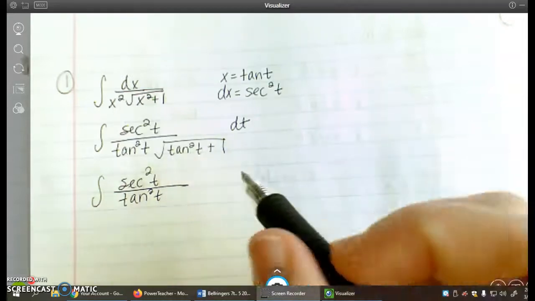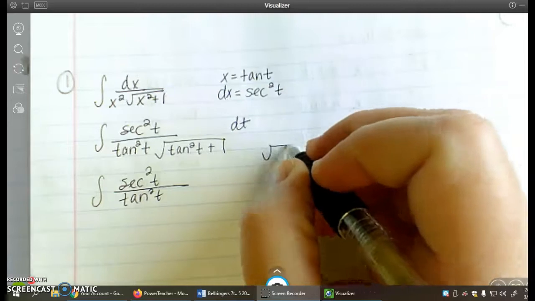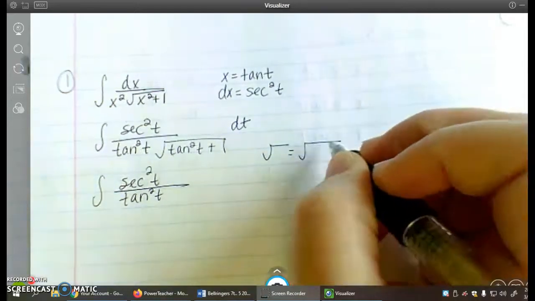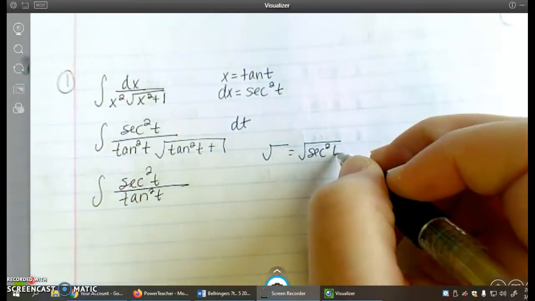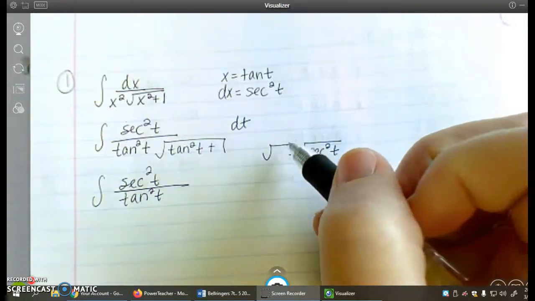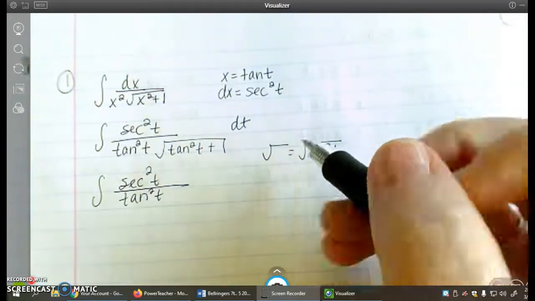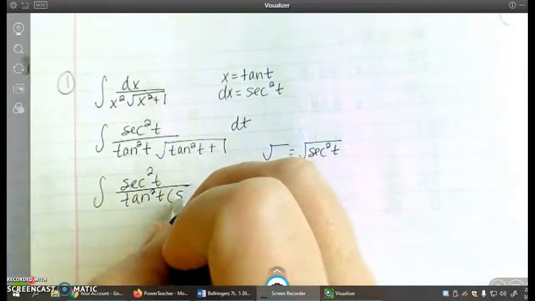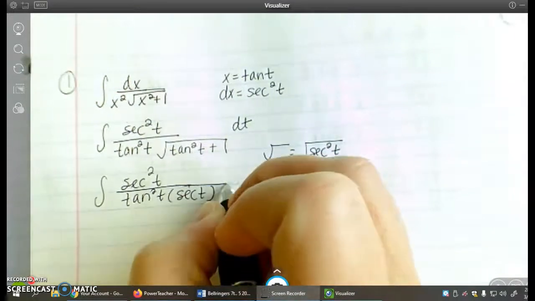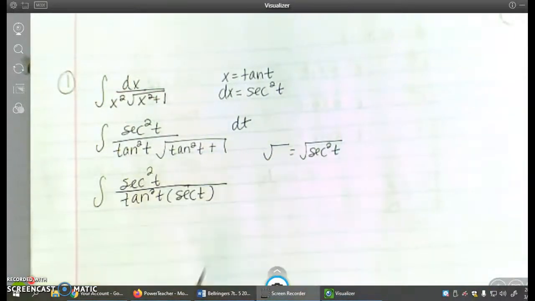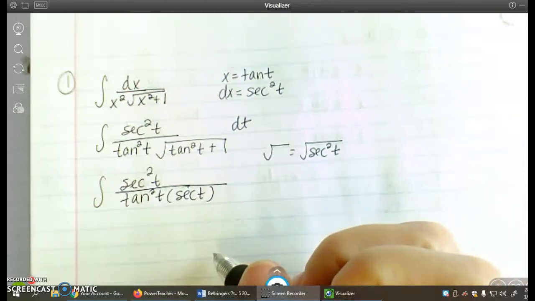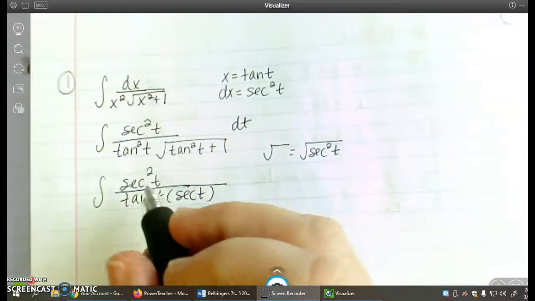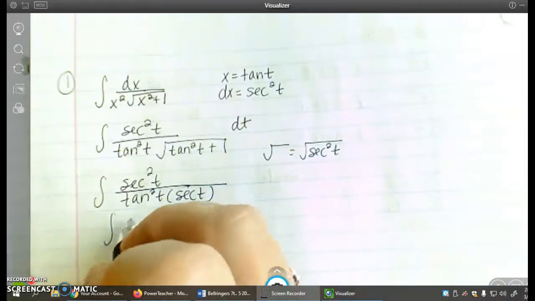So the square root equals the square root of secant squared t. Well, that means that if I just want to go ahead and take the square root, I can. So we know that we're going to multiply this by secant of t because that's what that represents. Okay. Alright, go ahead and simplify. We can get rid of a secant.